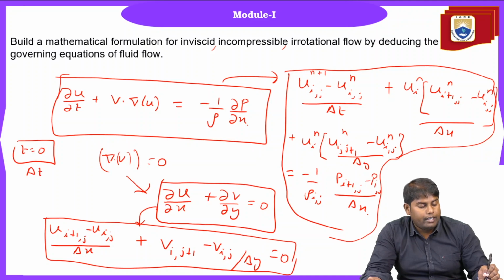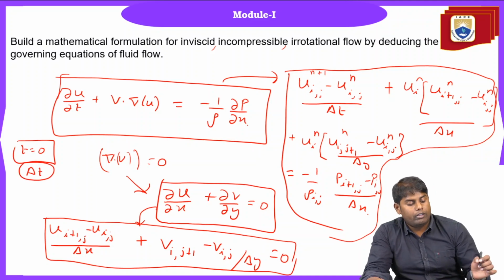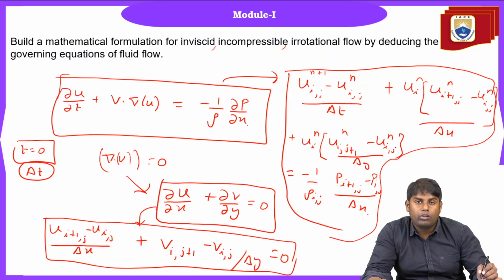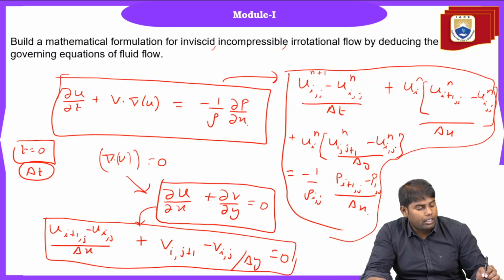So the delta t time step is also a very important factor. You can see we have delta t and delta x. In the previous sessions, I've been telling you delta t and delta x are going to play a major role. There you have a formula called the Courant number, which is u delta t by delta x.